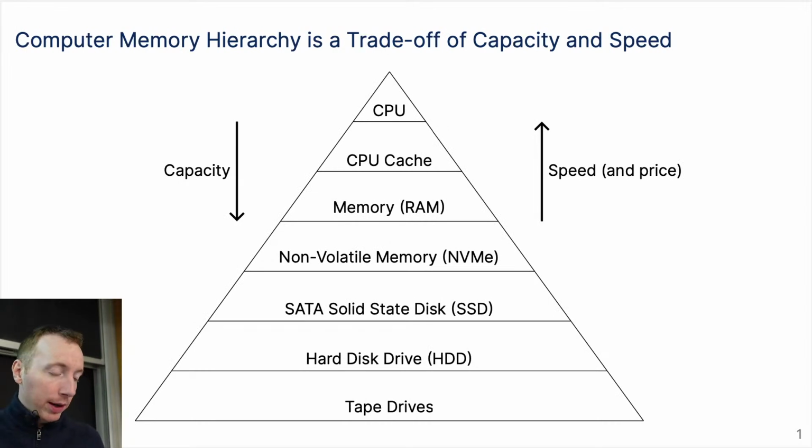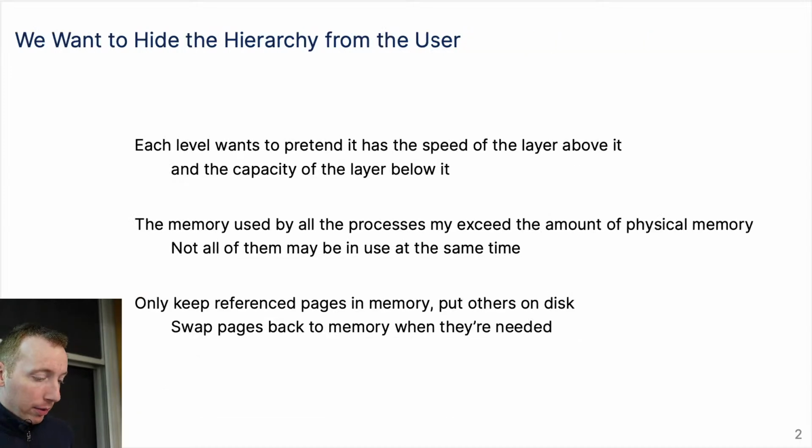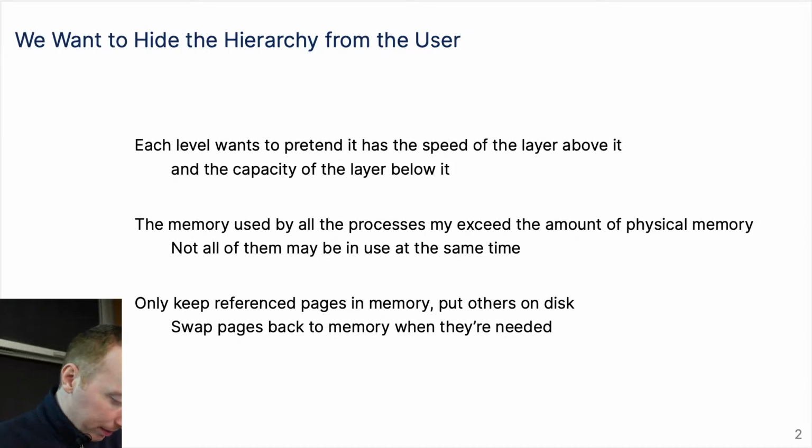So in this case, if you want to make memory seem like it's even larger, you could just put some pages onto the hard drive storage and use that. So that's what we'll be talking about today, how you decide what pages go into hard drive storage and what the best policies for that would be.